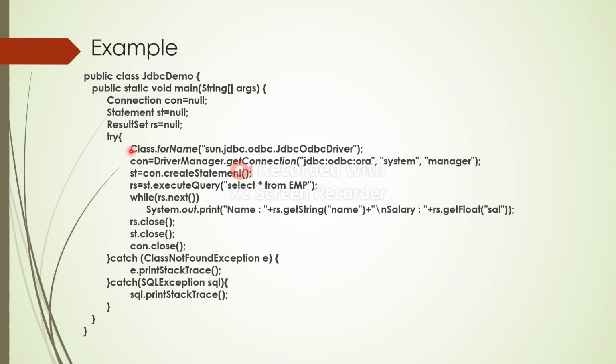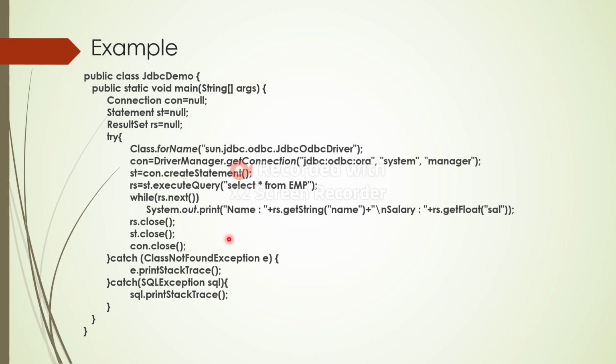Why is this the case? Because this particular thing will throw one exception called file not found exception. This one is giving you SQL exception. All the others are generating SQL exception.